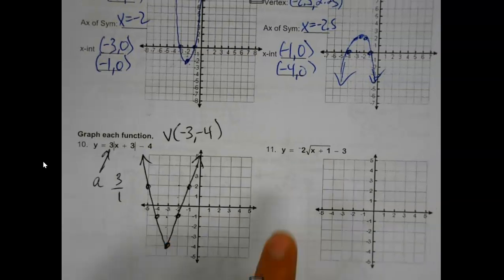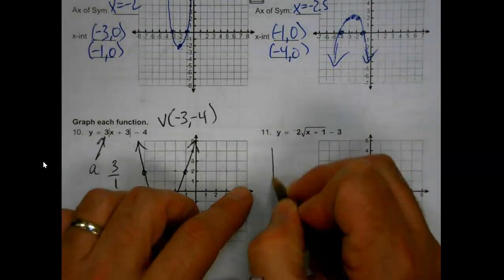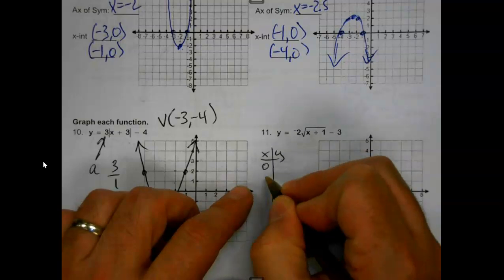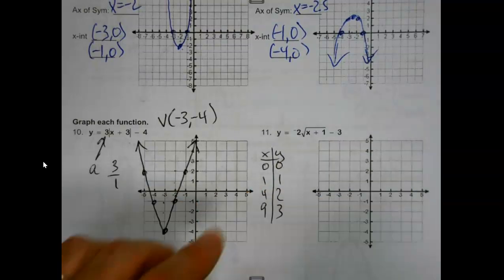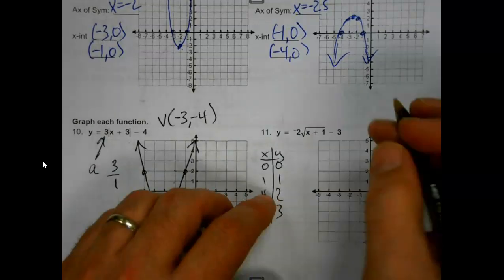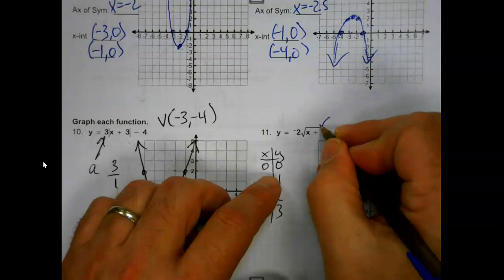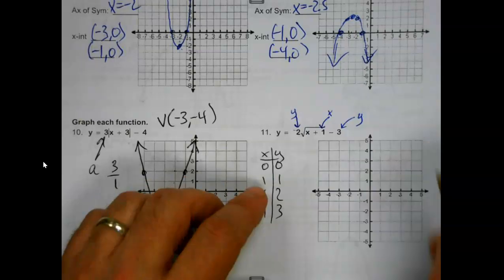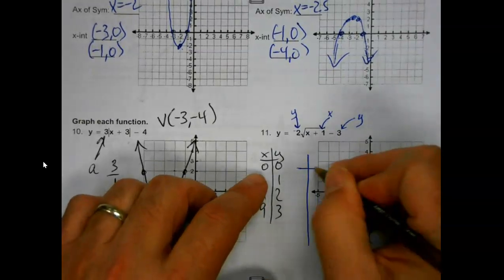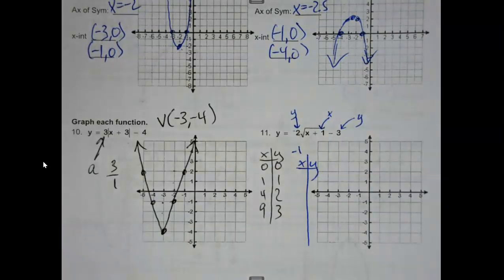Radical. Now, radical, you can go straight to a calculator if you want on this, but here's what I'm going to do, because I'm crazy. And I also don't want to be slave to the calculator. So I look at this and I say, okay, this affects X, this affects Y, this affects Y. It means I'm going to subtract 1 from all my X's, because remember, it's the opposite.